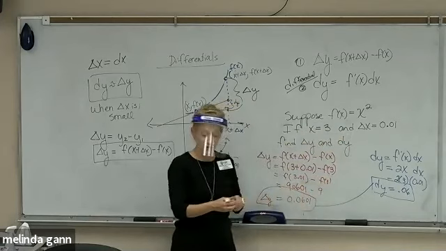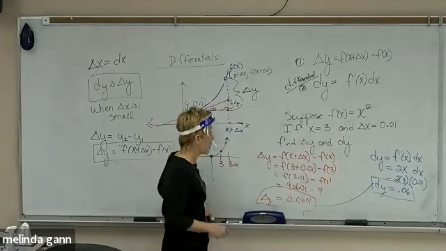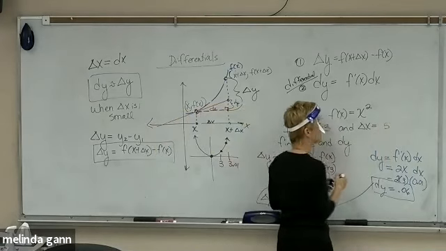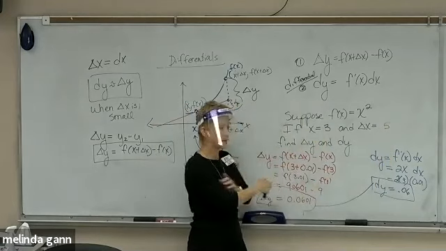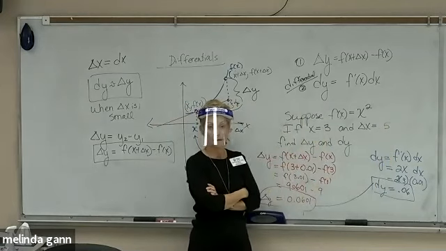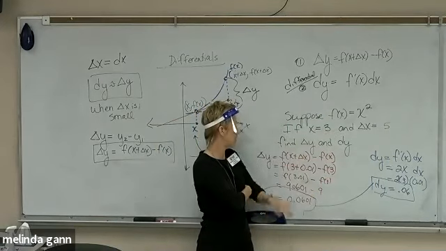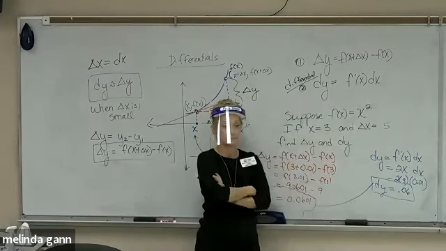Now, what would happen if you did this just to show? What if instead your delta x was 5? Go recalculate them. All right? So x is 3 and delta x is 5. Go find me delta y and dy.